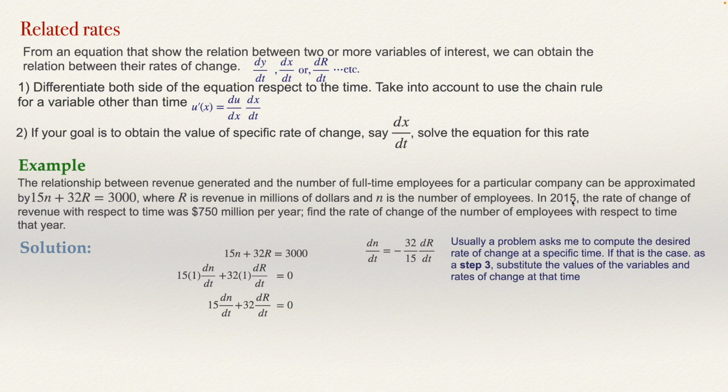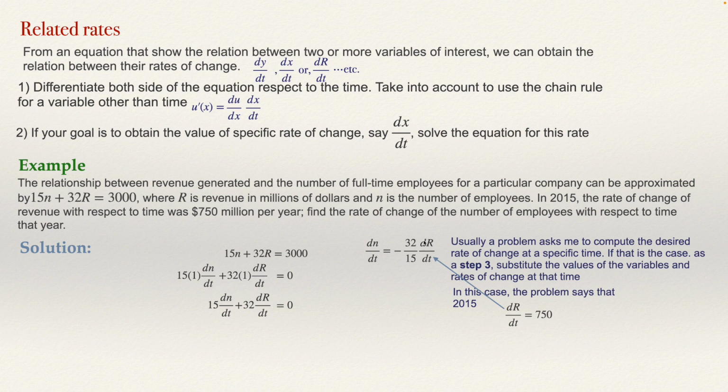And in 2015, this dR/dt was 750 million per year. That was given here. So I'm going to solve the problem at this point in time when t equals 2015, when dR/dt was 750.